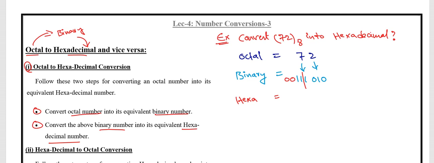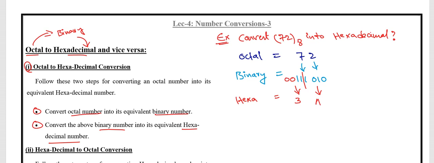Now write the hexadecimal equivalent of each 4-bit binary number. The first number is 0011, that is 3, and the second 4-bit binary number is 1010, that is nothing but 10. In hexadecimal, 10 is represented as A.